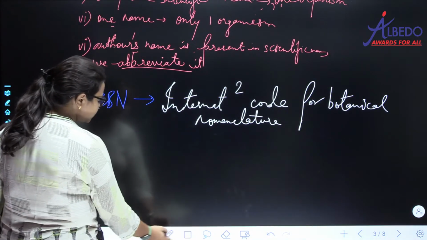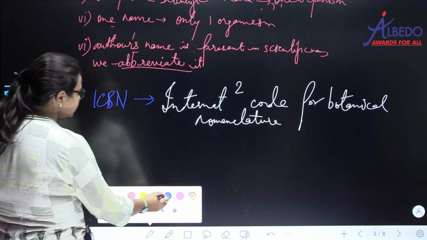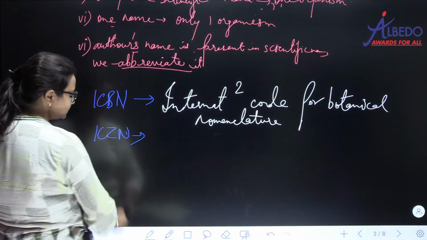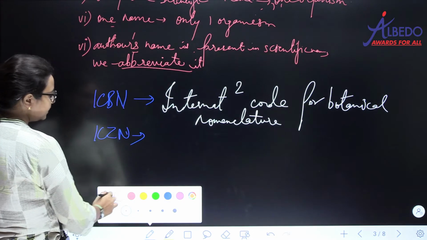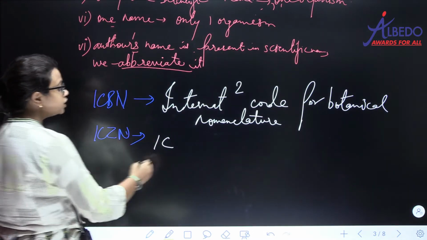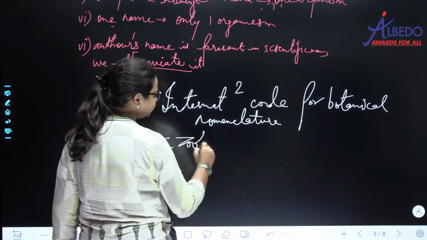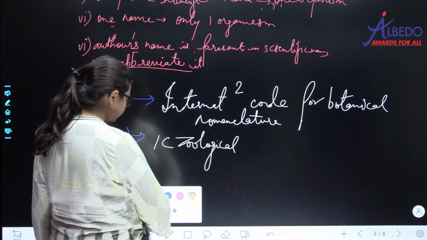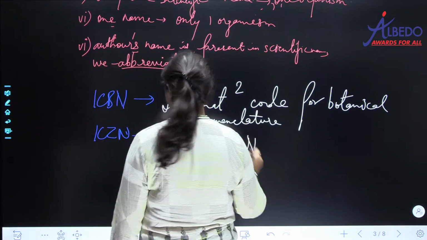And the second one which is mentioned in your NCERT is ICZN. This is called, है ना, Z for zoology. याद रखना, International Code for Zoological Nomenclature.